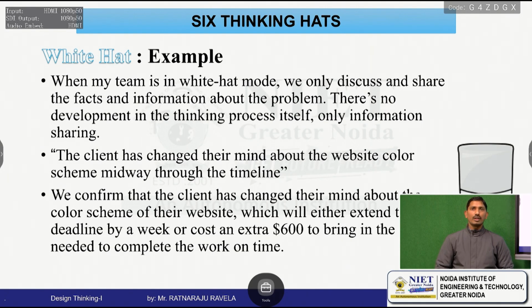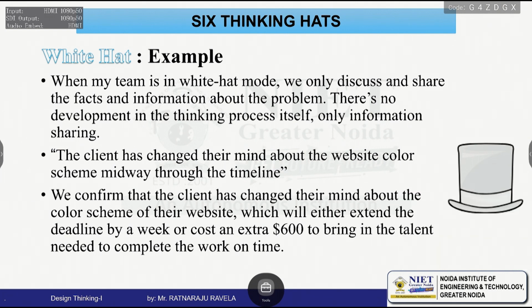Next, if I take an example of the white hat: when my team is in white hat mode, we will only discuss and share the facts and information about the problem. There is no development in the thinking process itself, only information sharing. Suppose one of the clients approached me to design a particular website.